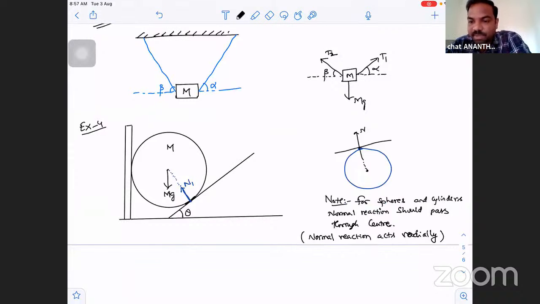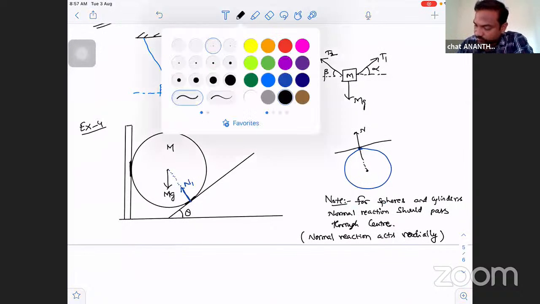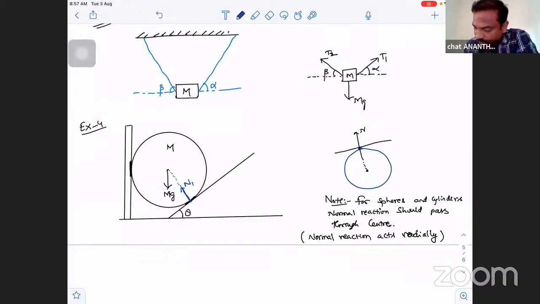Now there is one more contact here for the given question. So how is the normal direction? The second normal will be some other normal direction which also passes through the center.